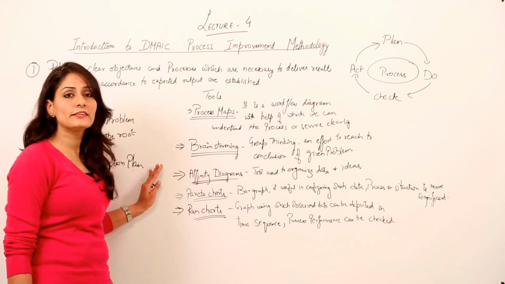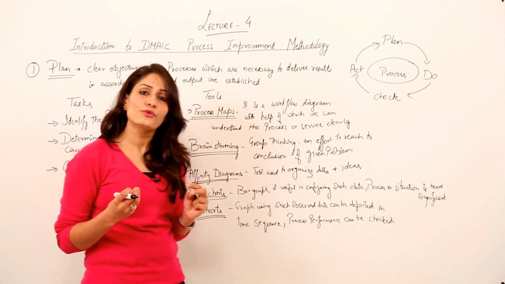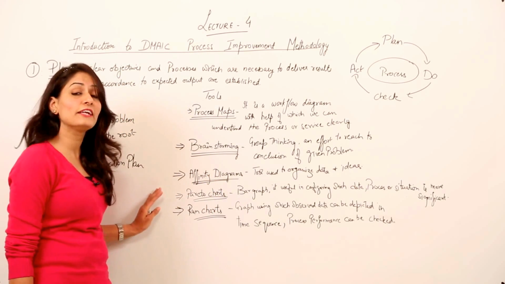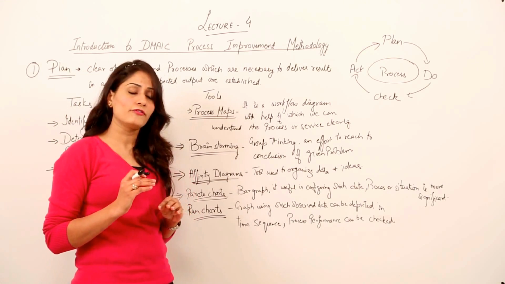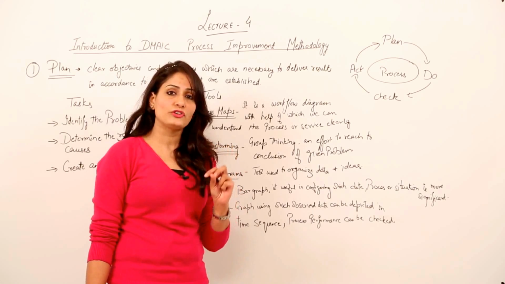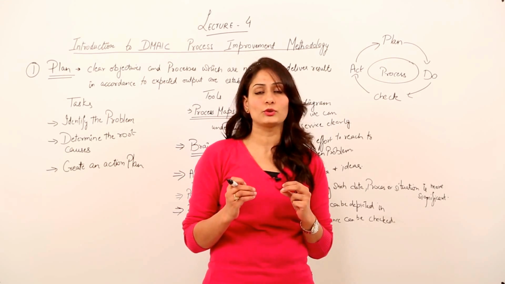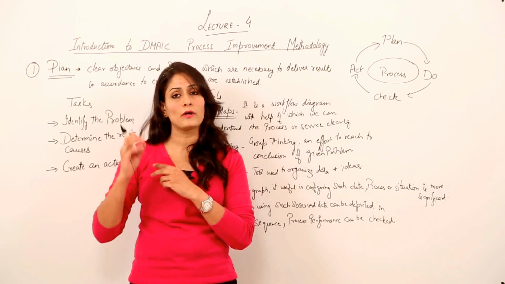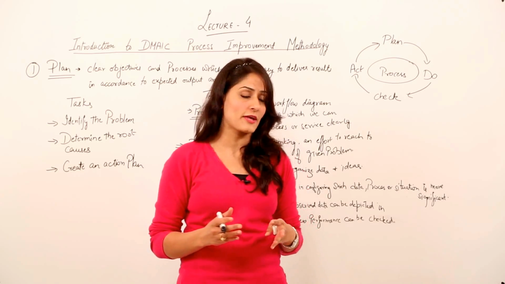Then comes affinity diagrams. Now what is this? It is a tool which is used to organize data and ideas. Then we have Pareto charts. A Pareto chart is a bar graph and it is very useful in clarifying which data, situation or process is significant to us, and with the help of this we can understand where we have to put our efforts or work to improve our process.